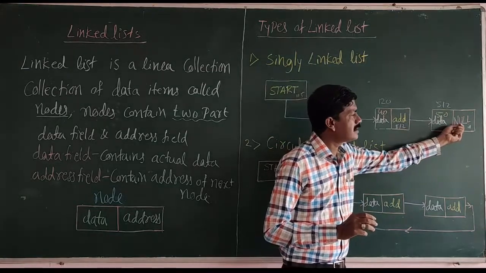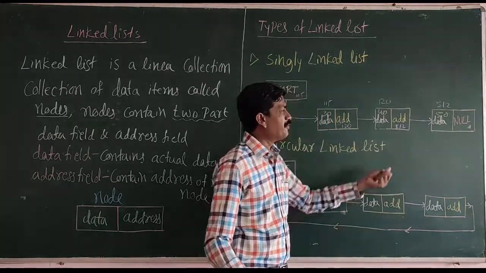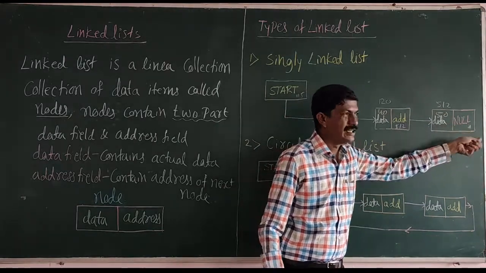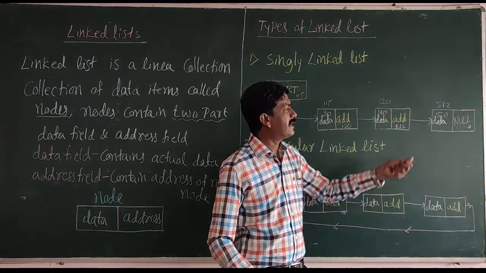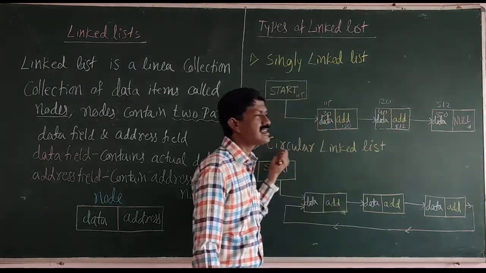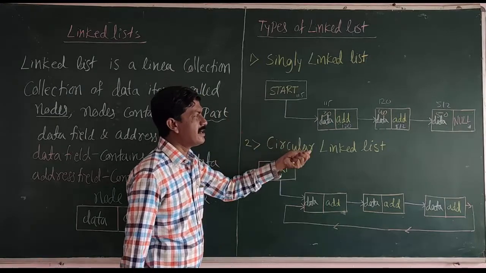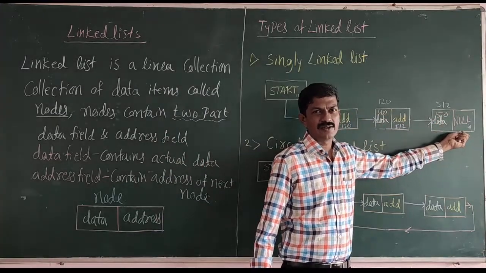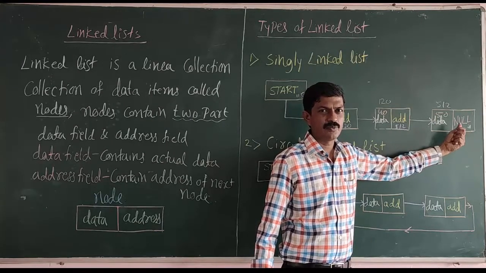If I mention null, it means this is the last node of the data structure. After that, no more nodes exist in this data structure. That's why the last node's address contains a null pointer.